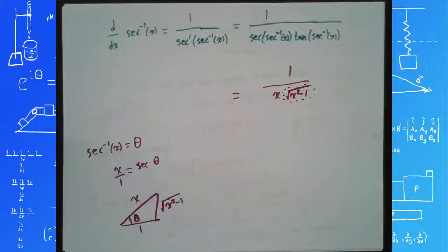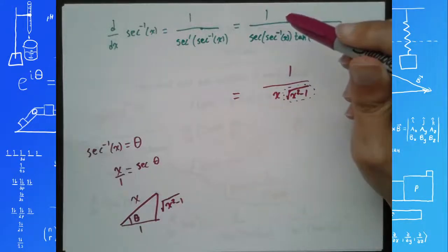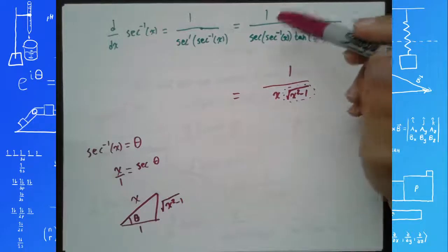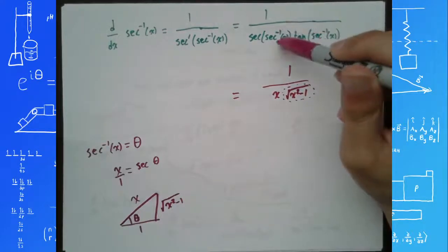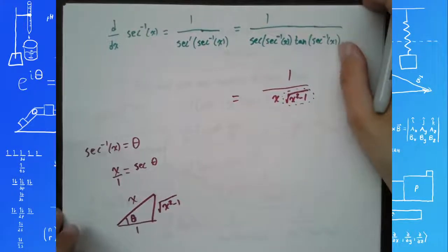I think in the version you have to memorize there's an absolute value here, and the reason for that, I believe, has to do with the range restrictions on the secant inverse function, if I'm not mistaken.